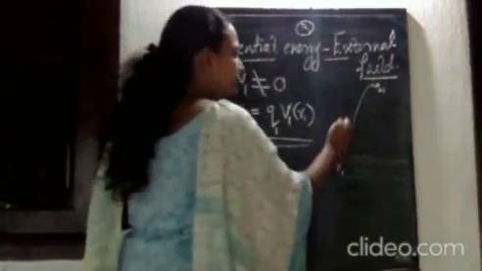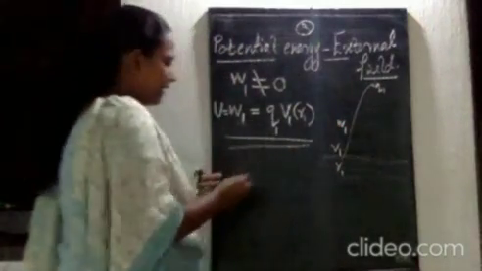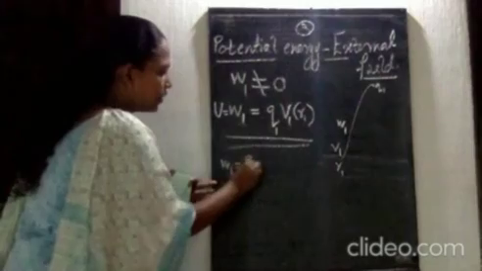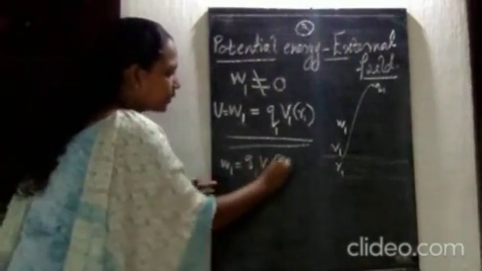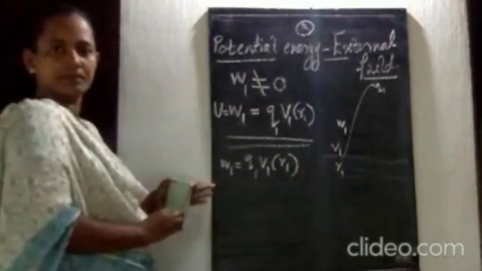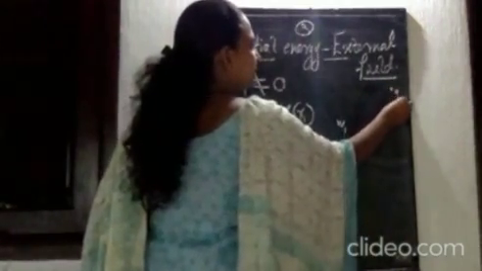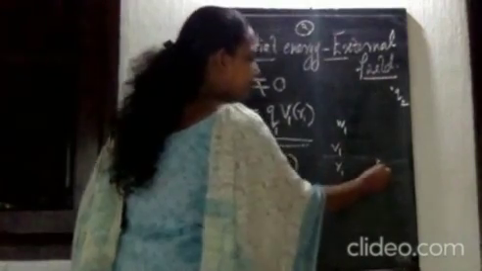Therefore we must do some work W1, and the expression for that W1 is Q1 V1 of R1. So first we bring the Q1 charge to this given point. Next we want to bring the second charge Q2 from infinity to another point R2.